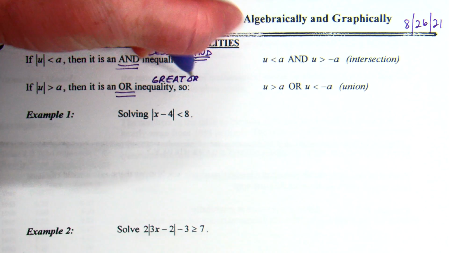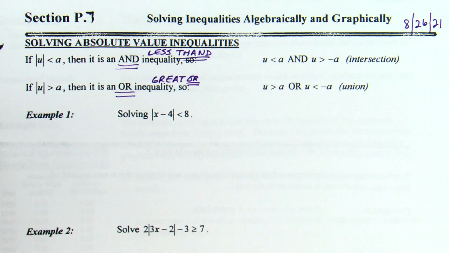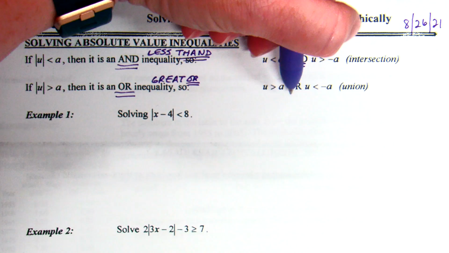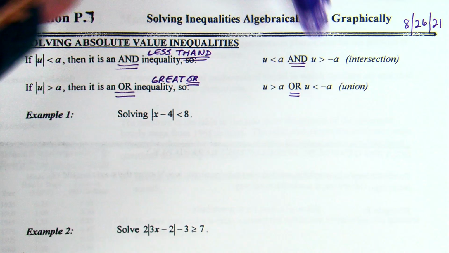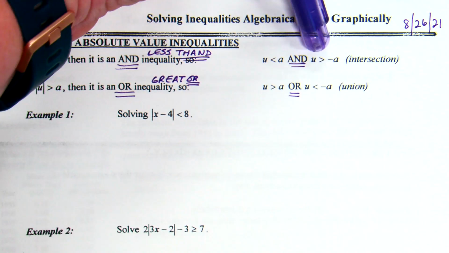If it has a greater than sign, we use an OR statement. You got it, right? So it is important to watch the words there. The first inequality is pretty much always the given; you just drop off the absolute value. The second inequality, we have to change.